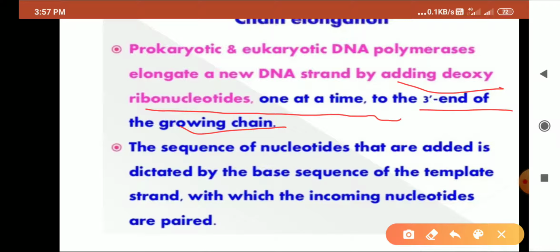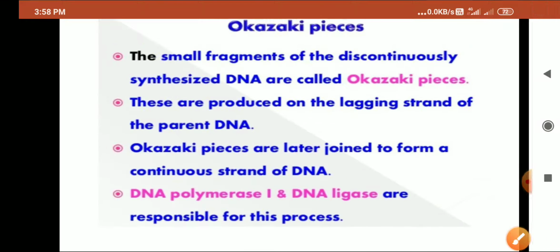The sequence of nucleotides that are added is dictated by the base sequence of the template with which the incoming nucleotides are paired. Guanine pairs with cytosine by 3 hydrogen bonds. Adenine pairs with thymine by 2 hydrogen bonds.